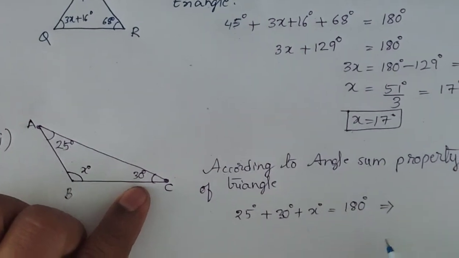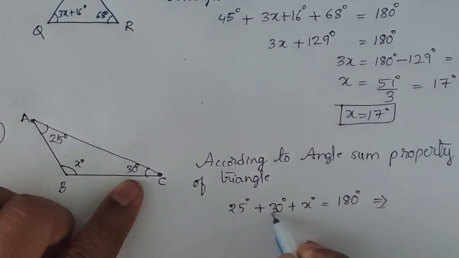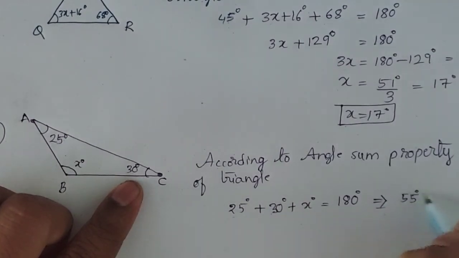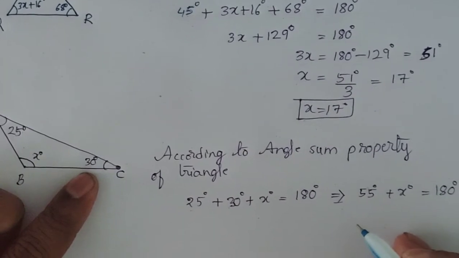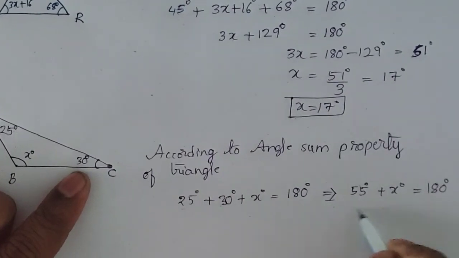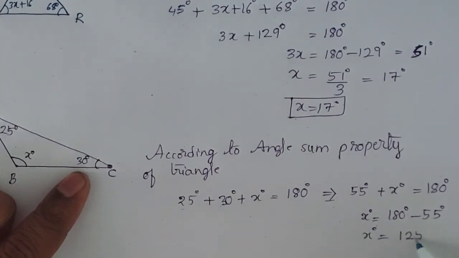So 25 plus 30 becomes 55 degrees plus x degrees equals 180 degrees. If you transpose 55 to the right hand side, it becomes 180 degrees minus 55 degrees, which equals 125 degrees.